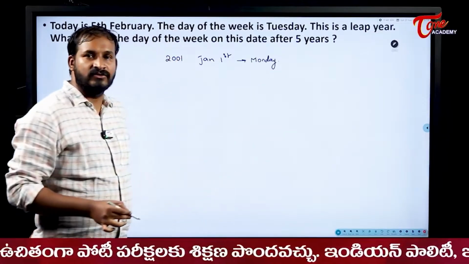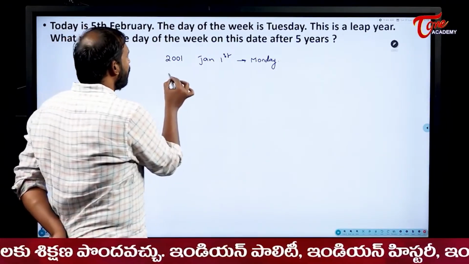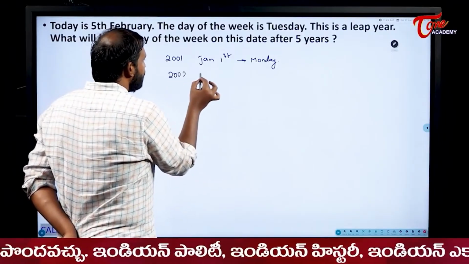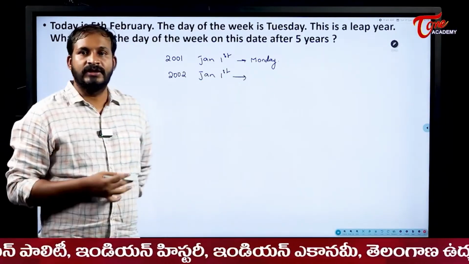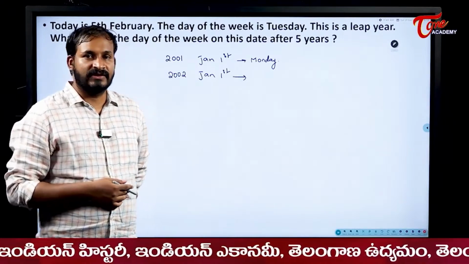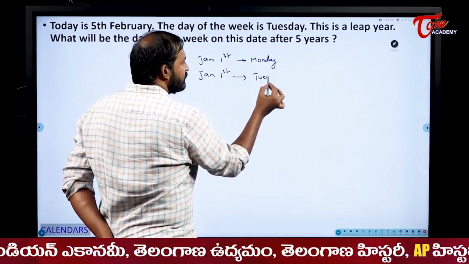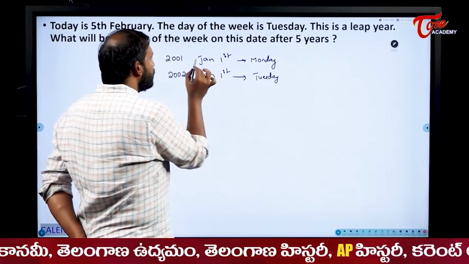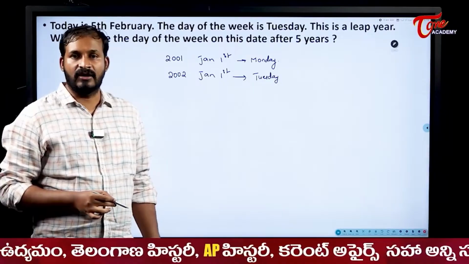Assume January 1st 2001 is Monday. Then tell me what will be January 1st of 2002. It will become Tuesday. Am I correct? A 1 day jump will happen. Why? Because 2001 is a normal year.